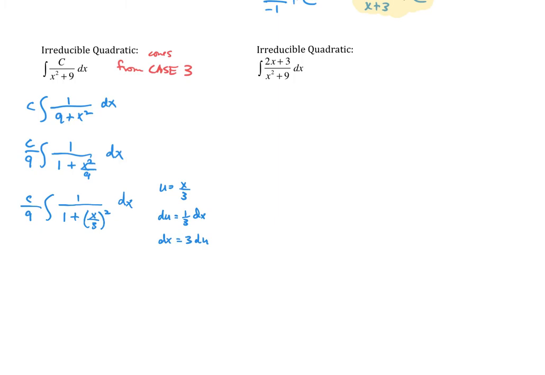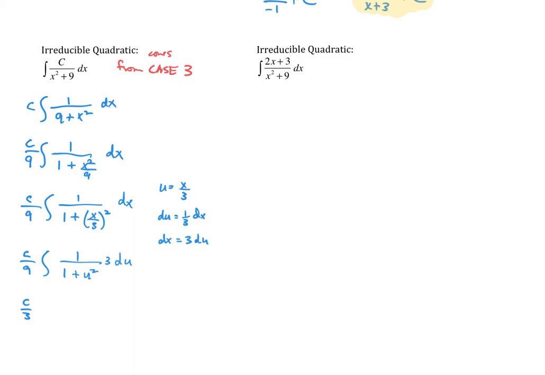So when I make my substitution, I'm going to get c over 9 times the integral of 1 over 1 plus u squared times 3 du. You can see that I could factor this 3 out and cancel it with this 9. And when I do that, I'm going to get c over 3.